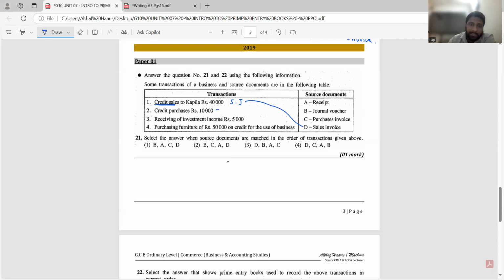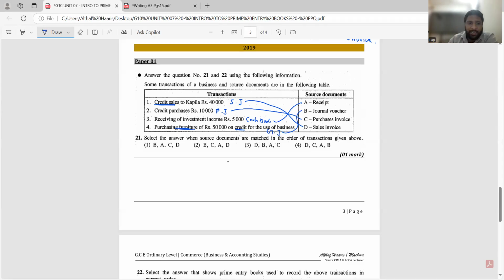Credit purchase journal, source document, purchase invoice. Receiving money, cash book, we are receiving money, so it's a receipt. Purchasing furniture, so non-current asset purchased on credit, general journal, the source document, journal voucher.